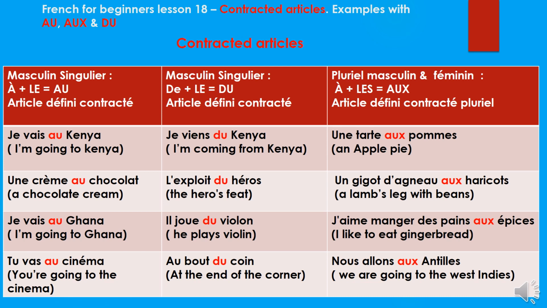It's not like in English, where you just say Kenya, France, England, and so on. But in French you always have to put the article. You have to say le Kenya, la France, la Tanzanie, le Ghana, l'Ouganda. Uganda in French begins with O and then U, G, A, N, D, A.